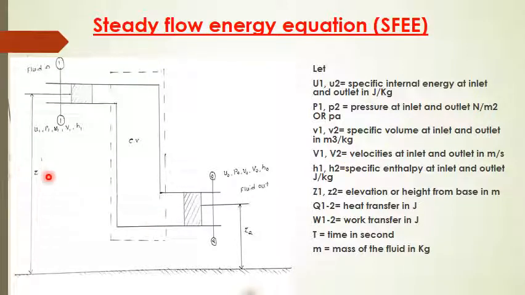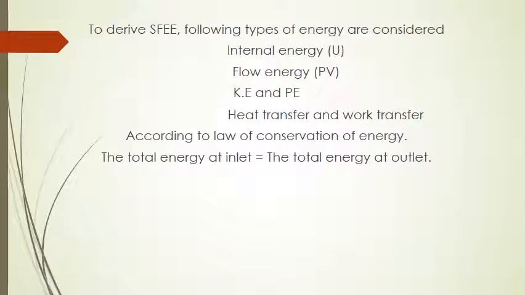Z1 and Z2 are the elevation or height from the base in meter, Q1 to 2 is heat transfer in joule, W1 to 2 is work transfer in joule, t is time in second, and m is mass of the fluid in kg. These are the considerations I have made to derive the steady flow energy equation.